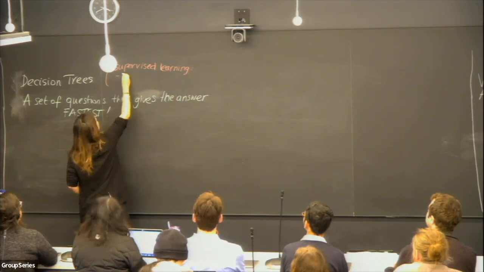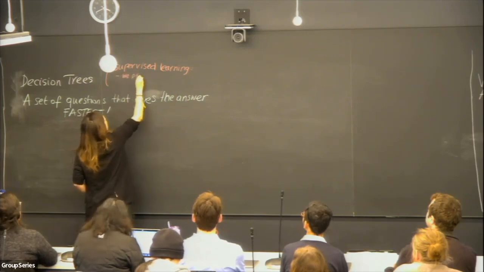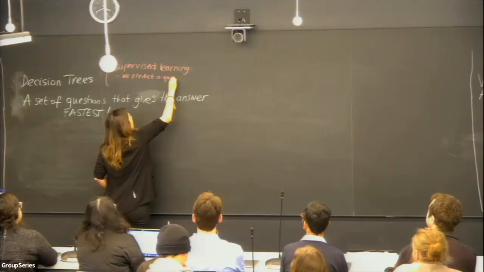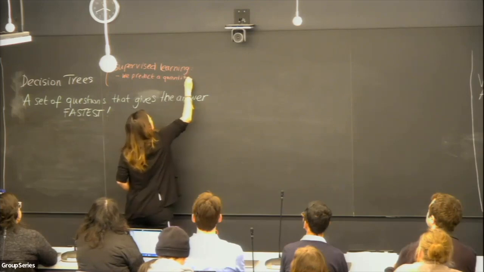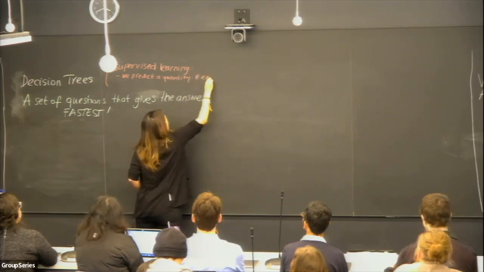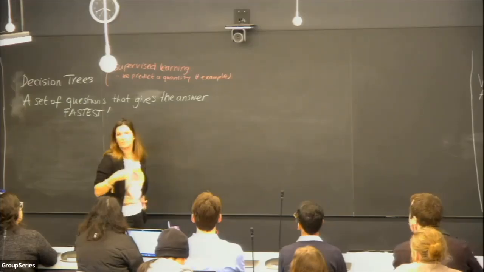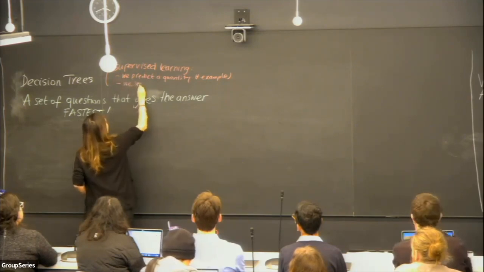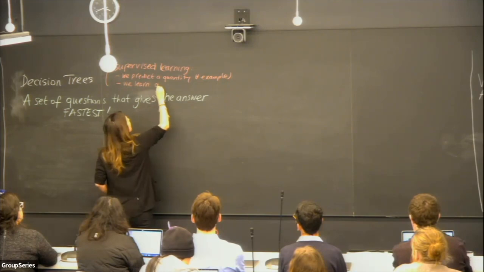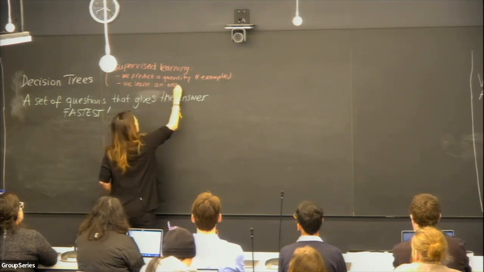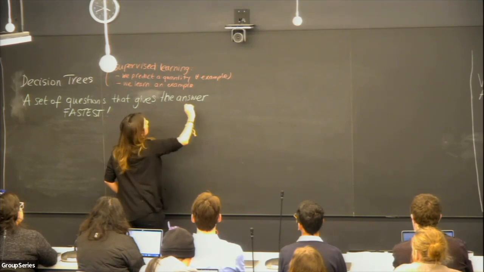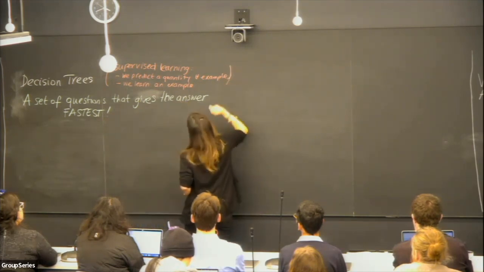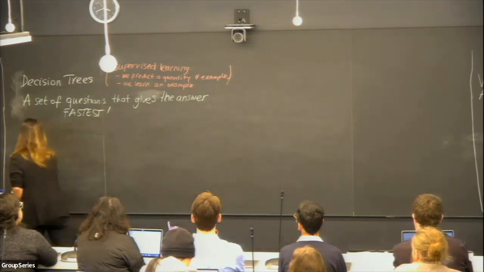One is that we predict a quantity for each example, like in the case of Guess Who, the identity of your subject. The other thing is that we learn by example. So we need to have a subset of objects for which we know what the answer is. This is just like the rule of the method.